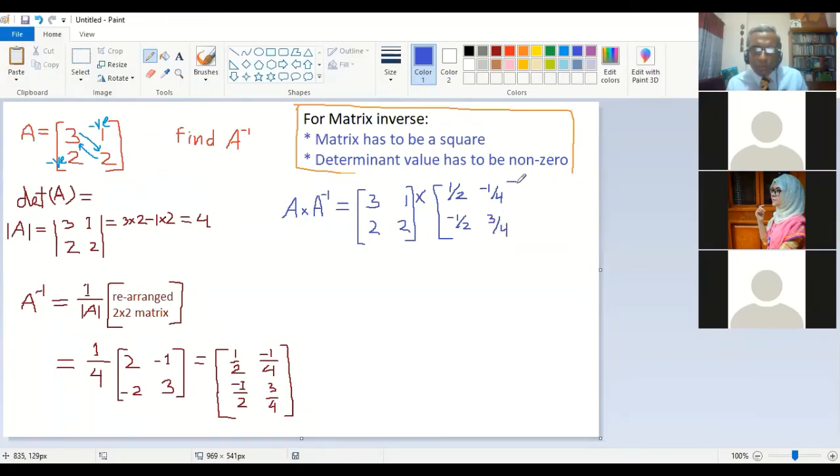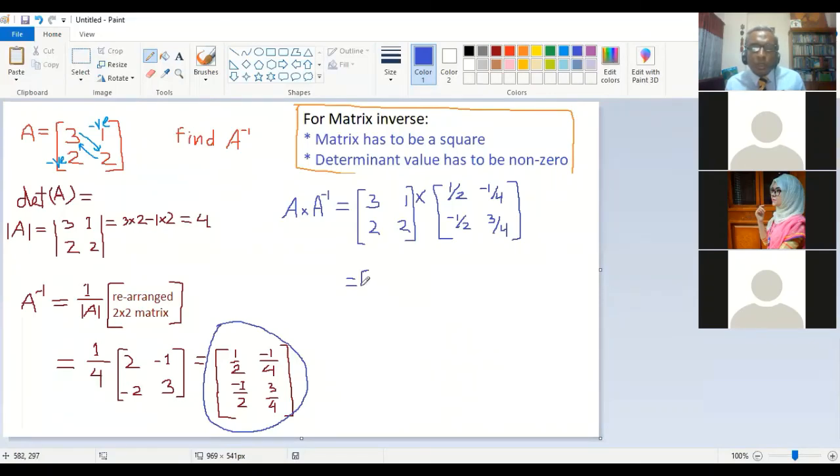This is not the inverse finding, that is already done. Now I am checking what actually happens with this inverse. If I multiply the original matrix by the inverse of the same matrix, what is coming?